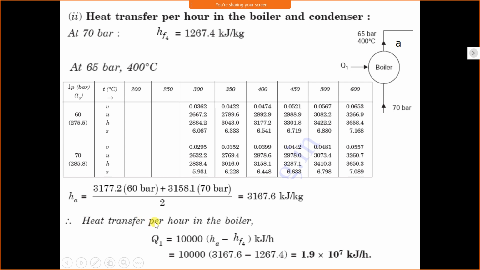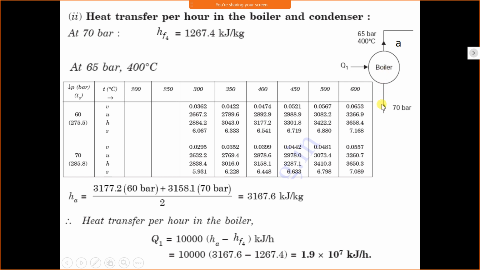Now the heat transfer per hour in the boiler, Q. We have to calculate the heat transfer to the boiler. Therefore, we have to consider the enthalpy across the boiler. The inlet enthalpy of the boiler will be at 70 bar, and the inlet condition is subcooled water.